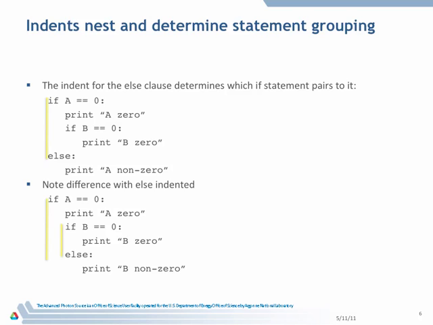If, on the other hand, I indent this else to line up with this statement, then now both of these are nested inside the if, and this is tied to that. So the indentation really matters, and that's why, in response to your question, the if and the else need to be lined up. Because otherwise you can't tell what if statement it's an else to.